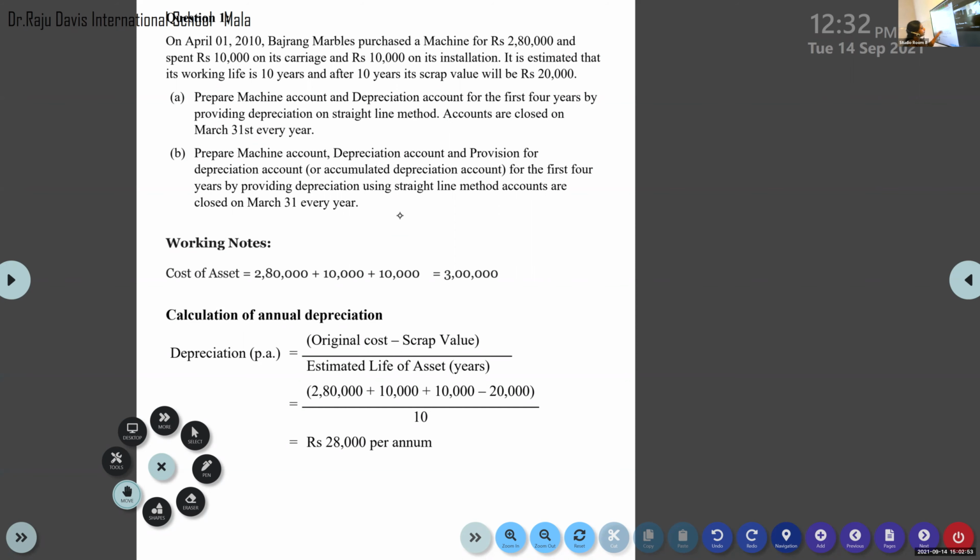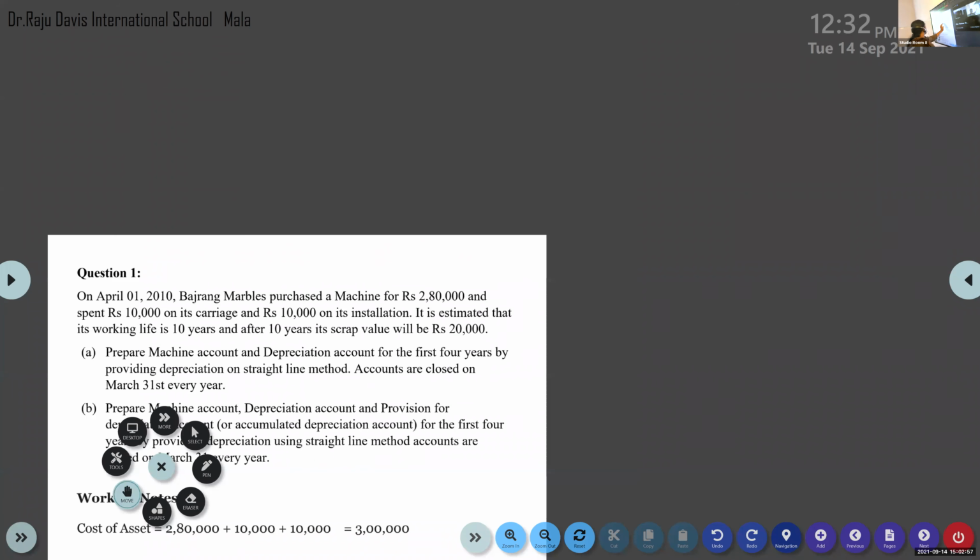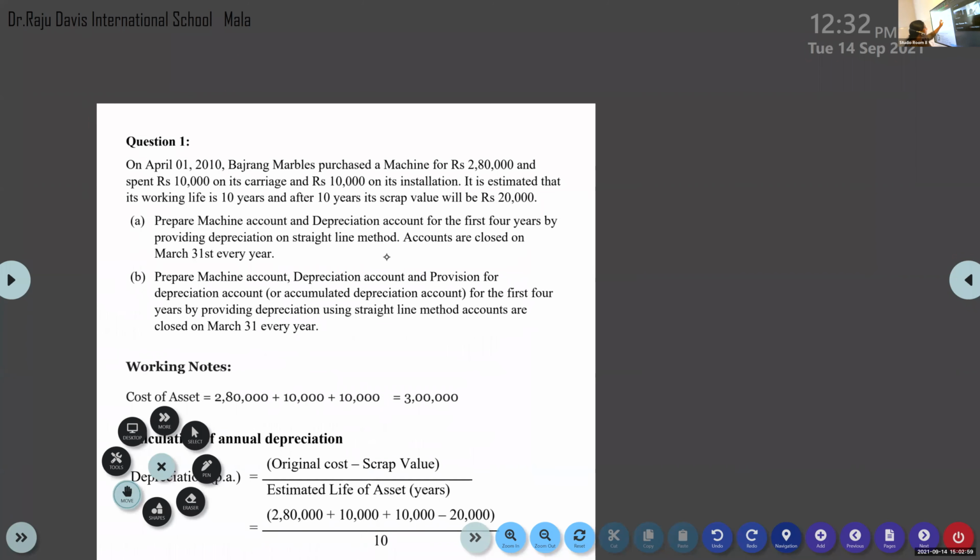Yes, cost of asset. What are the details given to you? Purchase price is 2,80,000. 10,000 is spent for carriage. Carriage means transportation. Then for installing that machinery in the business, another 10,000 is incurred.